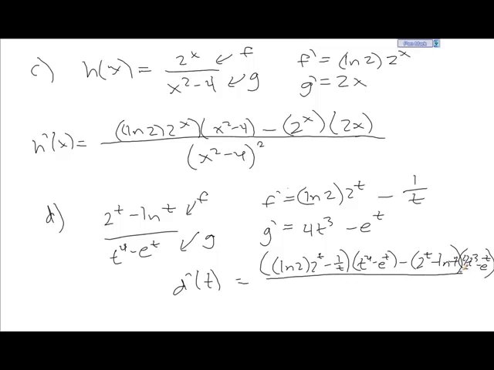And all divided by g squared, so t to the 4 minus e to the t, quantity squared. And we're done. That's a very long derivative. However, just keep in mind that it is what it is, and we don't really have to manipulate this too much unless we want to find the derivative at a specific point.